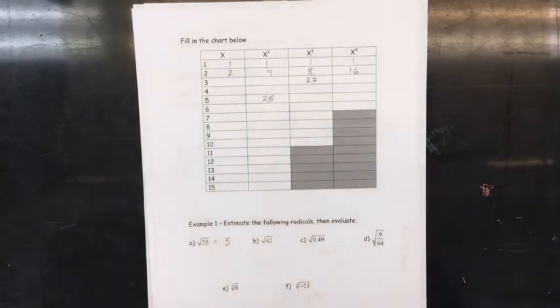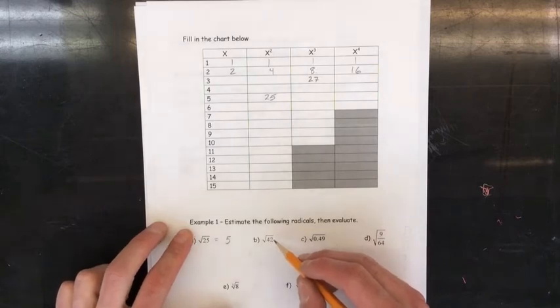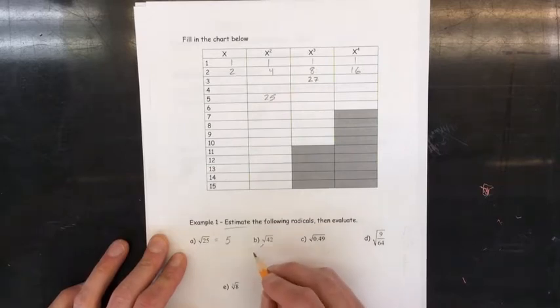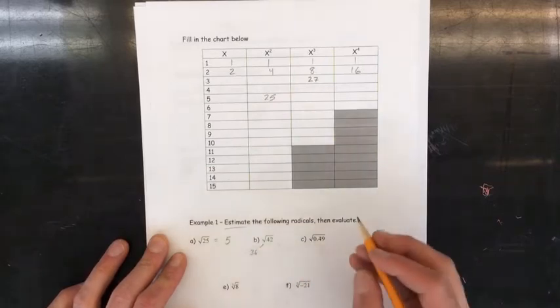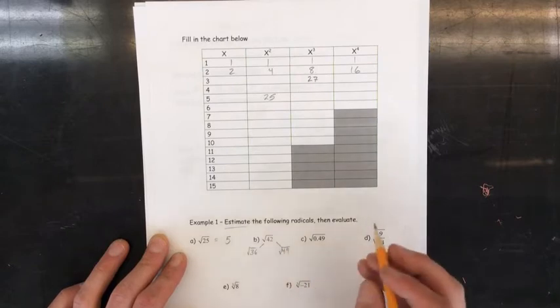Now, when we look at the square root of 42, basically we notice that it's not a perfect square from our chart above. So to estimate it, what we're going to do is look at the 2 perfect squares on either side. 36 would be like 6 squared, 49 would be like 7 squared. So the square root of these 2 values is what we're going to compare it to.